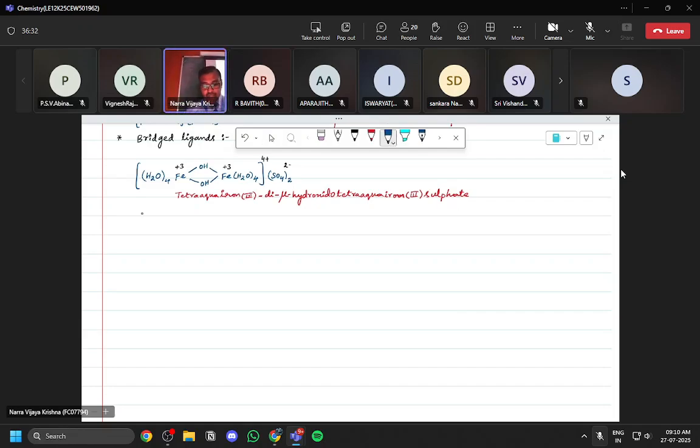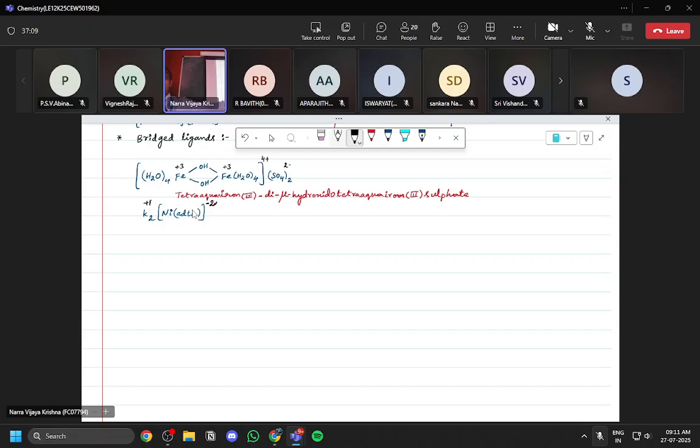Give the name of this complex. What is the oxidation number of nickel here? Overall coordination sphere charge is -2. Potassium +1. Correct? So I have to name nickelate at the end.